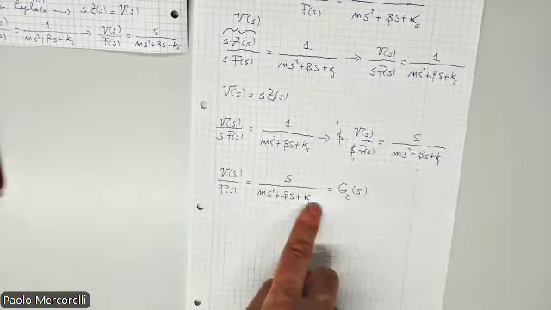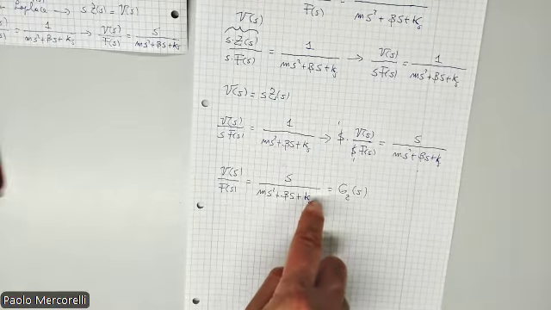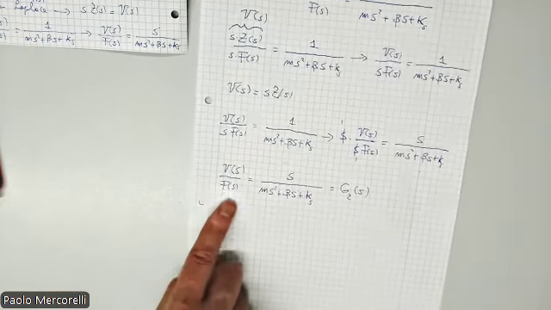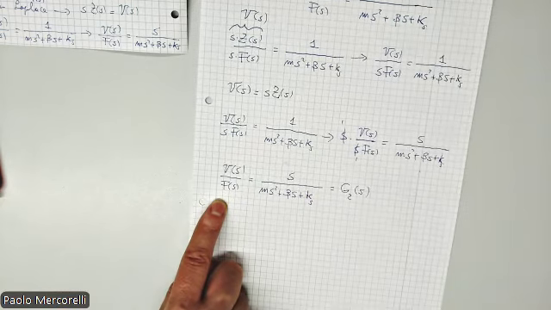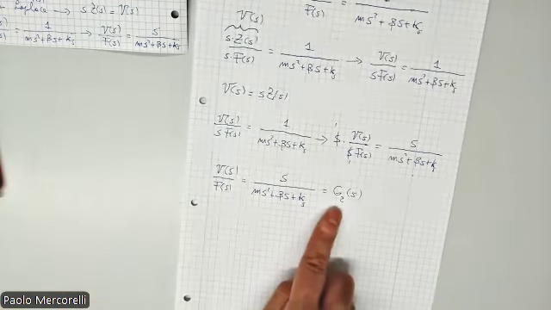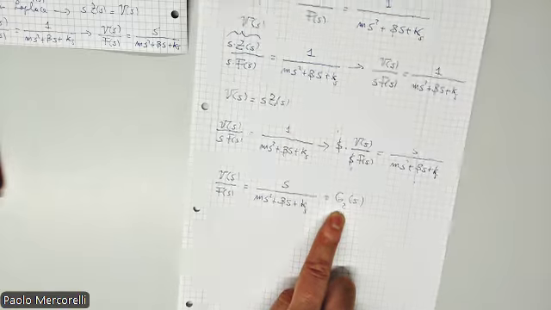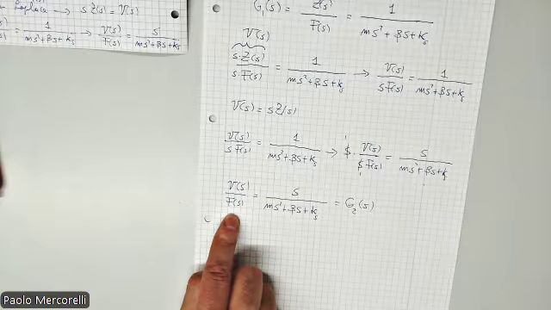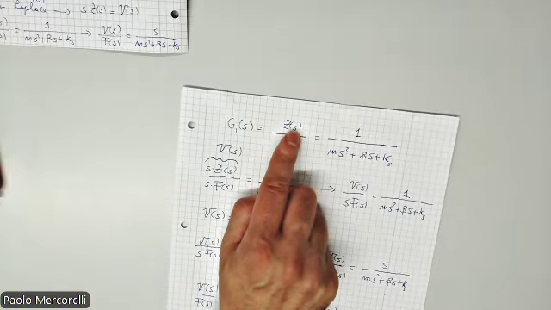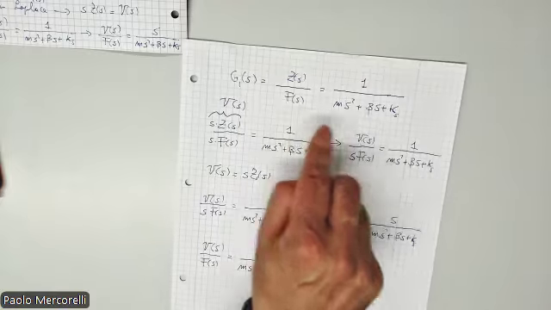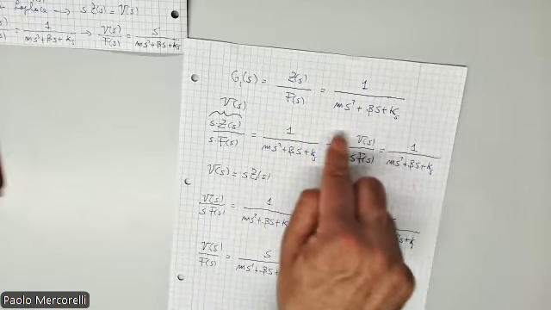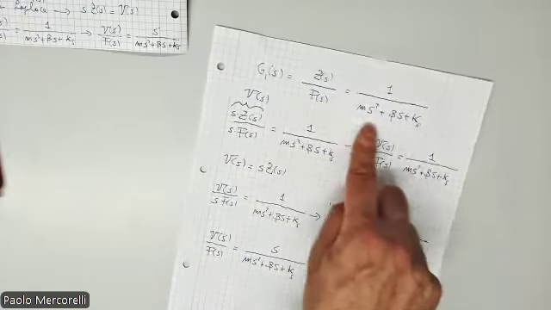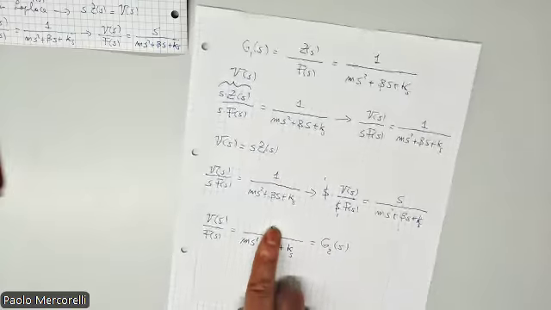In which the denominator, please pay attention, is always the same, reflecting the fact that F of S remains in G2 and in G1. G2 is V divided by F. G1 was Z divided by F. We can see that we preserve the denominator and change just the numerator.